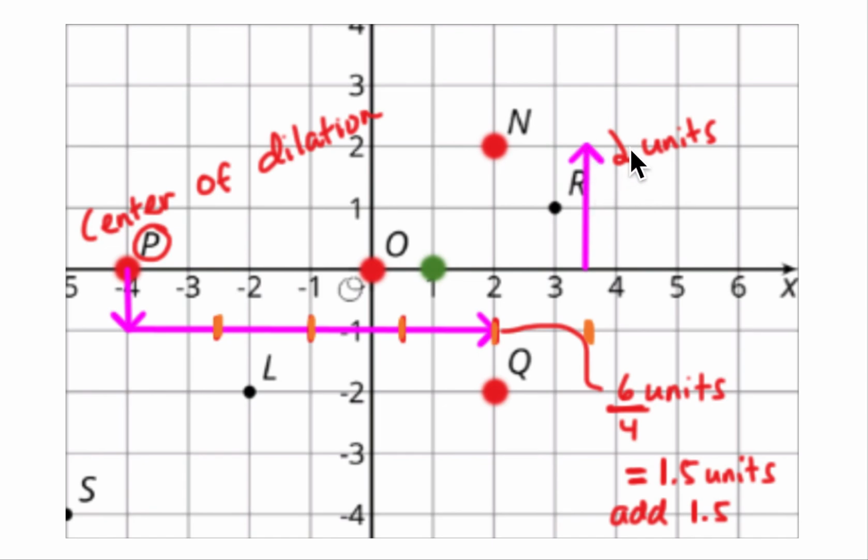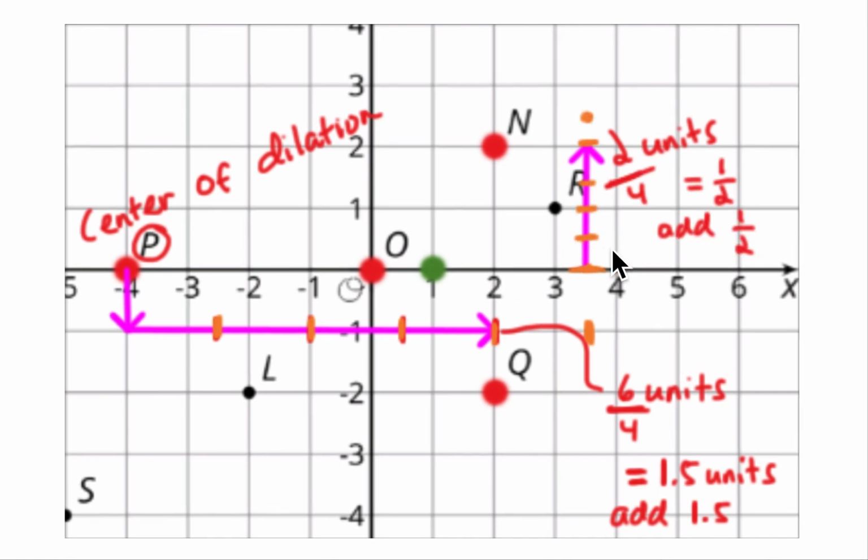Well, 2 divided by 4 is 1/2, 2/4. So this is 1/2 unit, or 1/4. This is 2/2, or 2/4 of this length. This is 3/4 of this length of the 2 units. This is 4/4 of the 2 units.